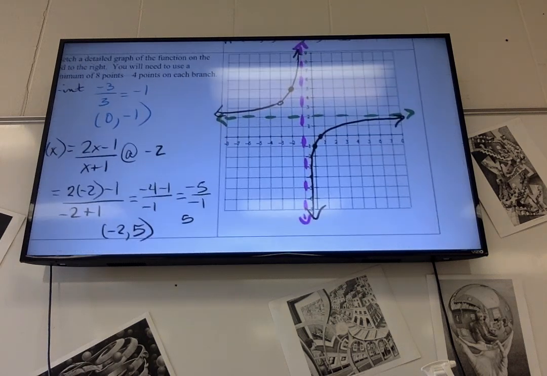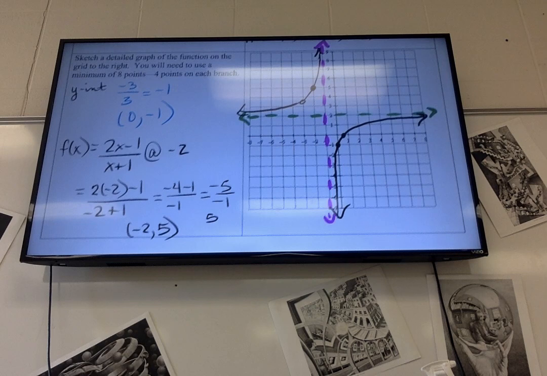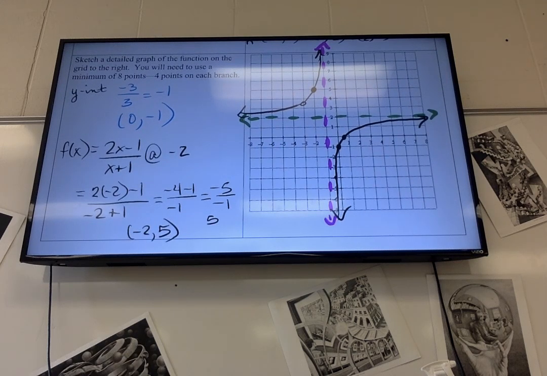Here, I'll put the graph back down if that helps, Maria. Those asymptotes are boundaries. That's how we know how wide to draw it.